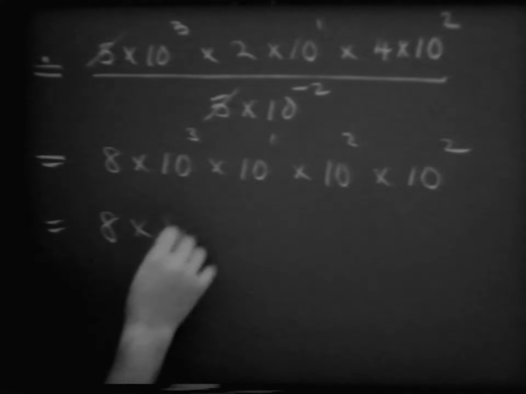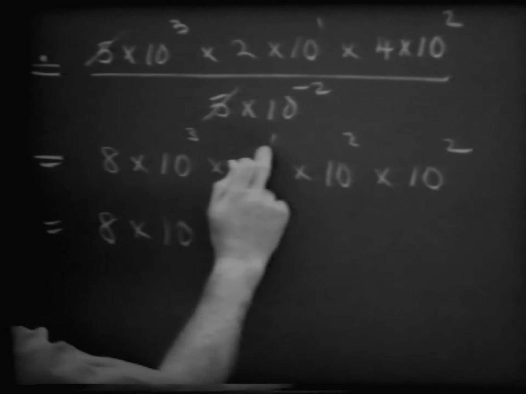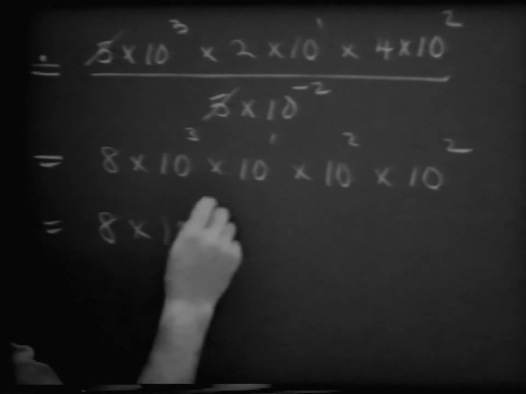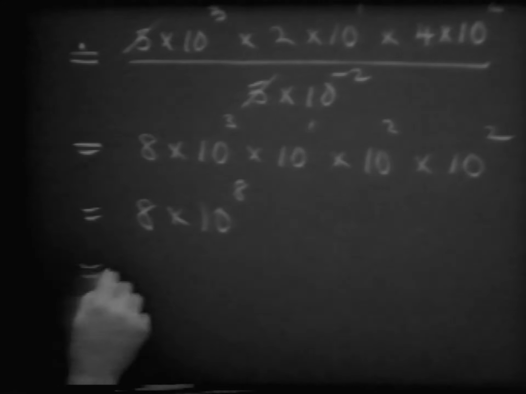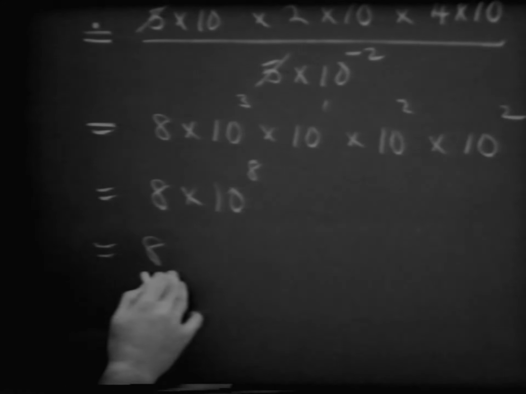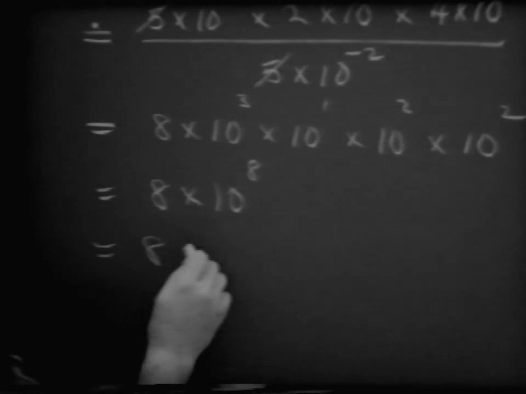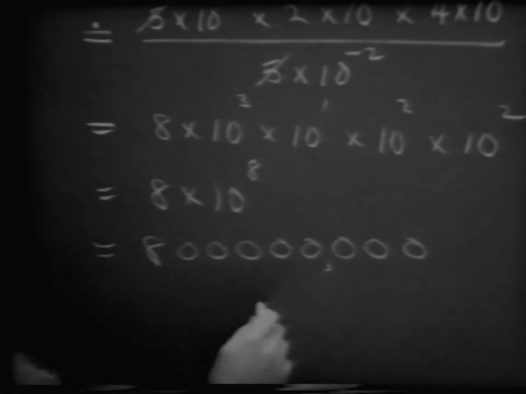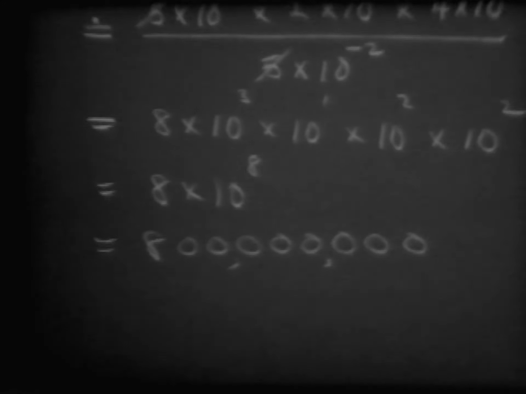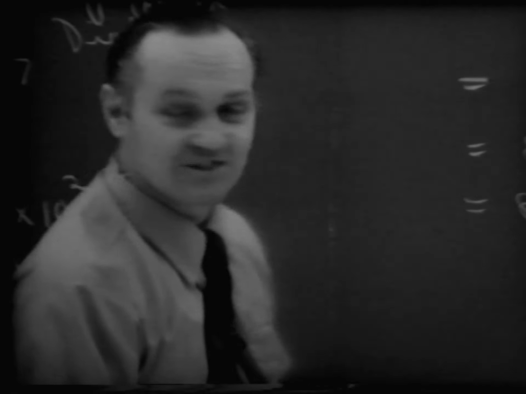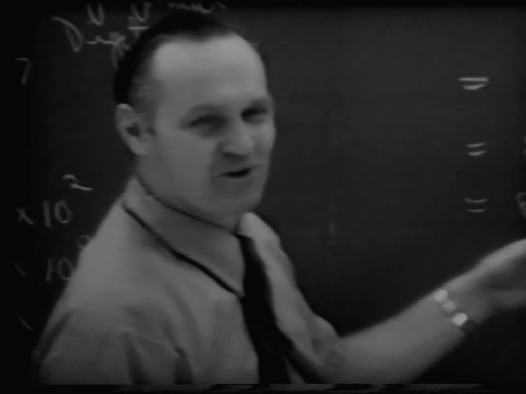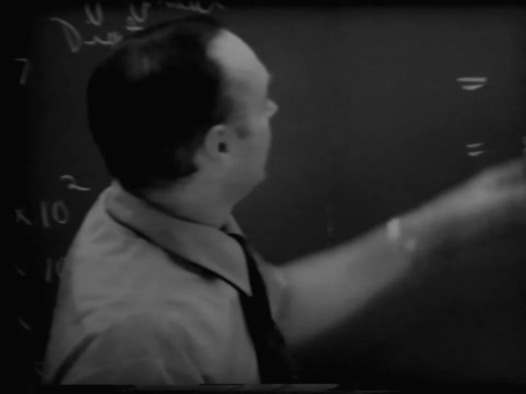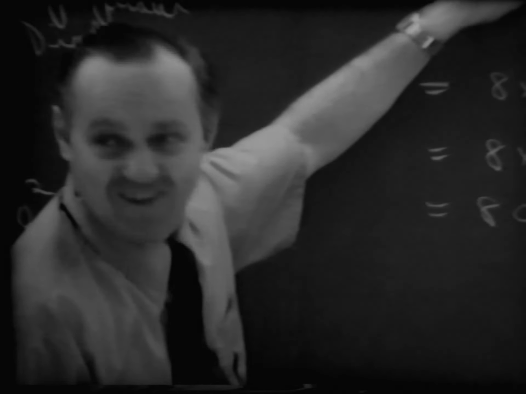We have 8 times 10 raised to the 3, 4, 6, 8 power, is that right? And we then have 8 with how many zeros? 8 zeros, is that right? 1, 2, 3, 4, 5, 6, 7, 8. That looks like a number around 800 million, a rather rough number, certainly, which is a name for our original number that we started with.